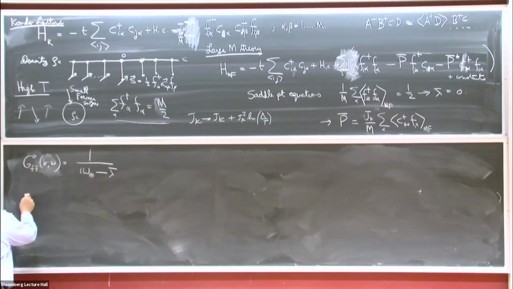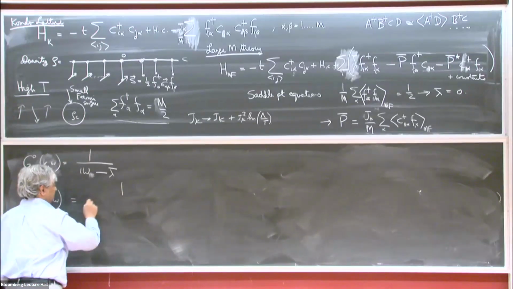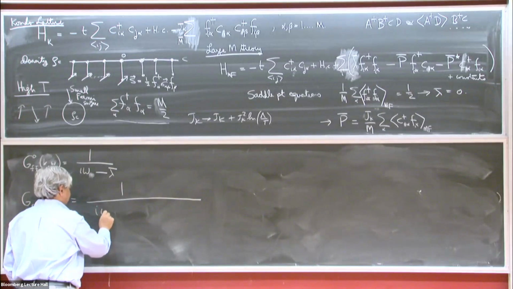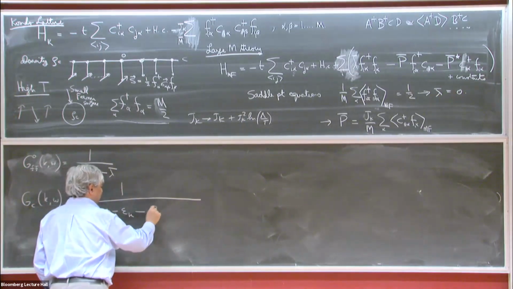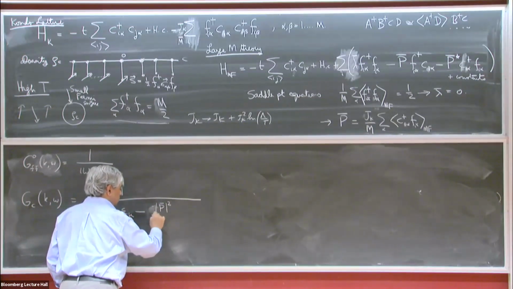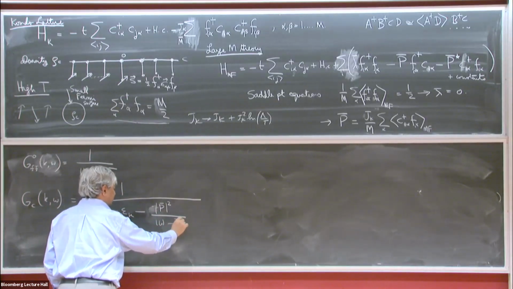Then what about the conduction electron Green's function? Well, let's get it to all orders. G_c(k, i omega_n) will be what? Well, it'll be very similar to what we had before, but there's the bare Green's function, i omega minus epsilon_k, minus p bar squared over i omega minus lambda bar.